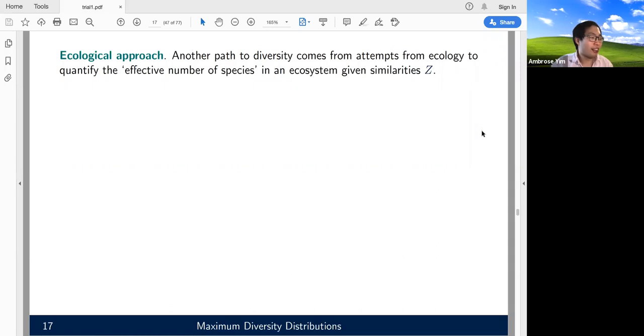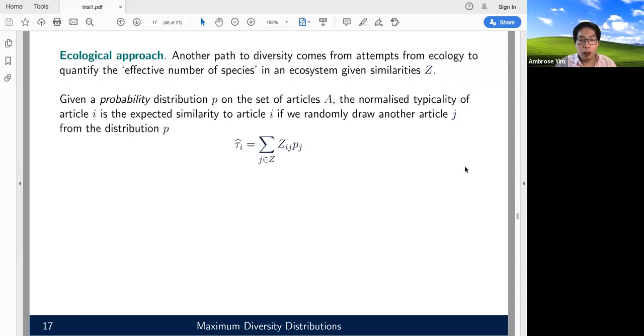And if the ecosystem is a zebra, a horse and a lion, then you might say this is not quite three species. The lion is almost one species, and the horse and the zebra combined are almost one species, so you might give it 2 point something. Heuristically speaking, it is almost exactly solving the same problem, just approaching it from a slightly different ethos.